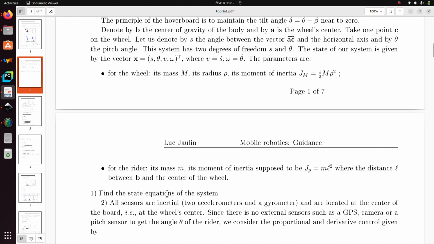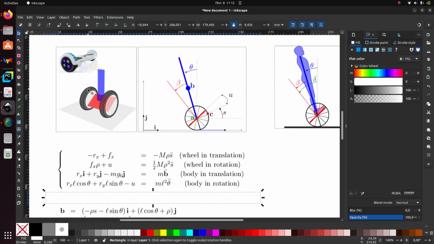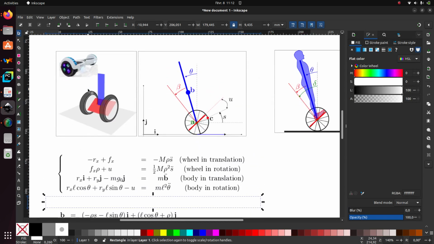The first question is to find the state equation of the system. Okay, so we have this system, and we'll apply the Newton rules.